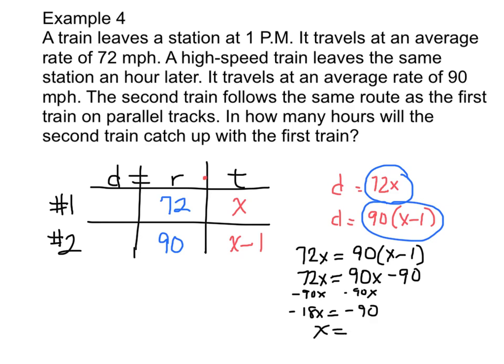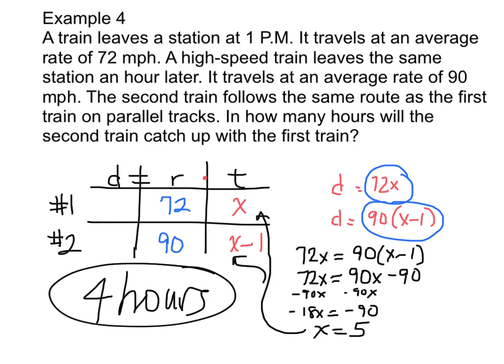So if I solve, x would give me 5. But how many hours will it take the second train to catch up? So this is key. How many hours after? Well, the first train is x, that's 5. The second train is right here, 5 minus 1. So after 4 hours, the second train will catch up.